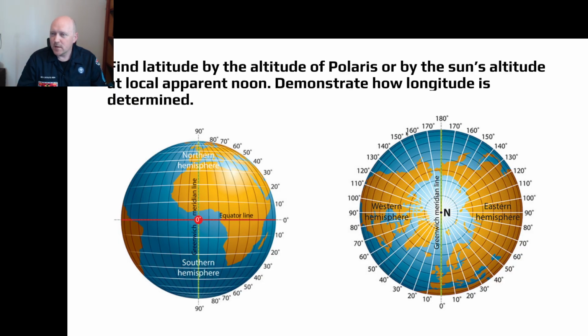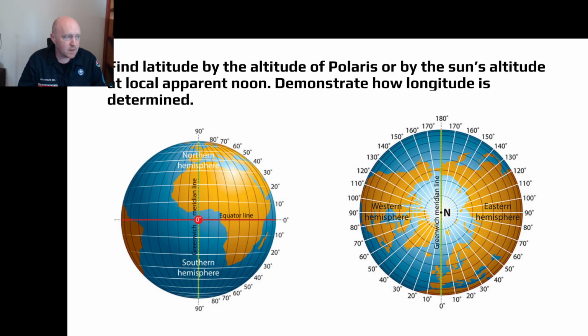So, if you're over here in the world and you observe local apparent noon, well, if you know that it's midnight in Greenwich, England, then you're essentially exactly 12 hours out from England, and also essentially on the opposite side of the world. And this works all the way around.